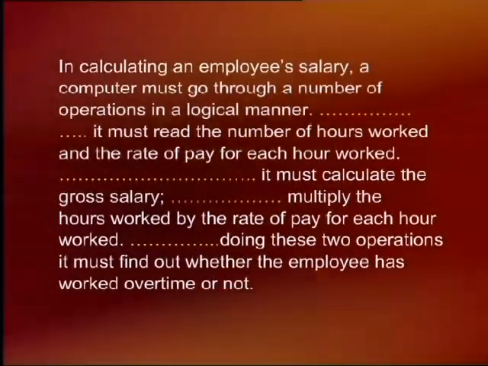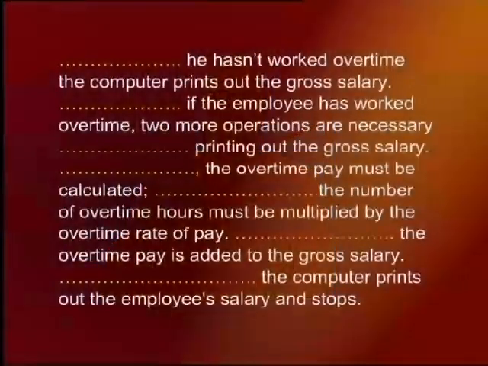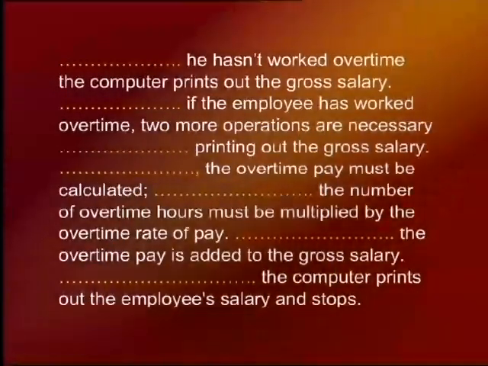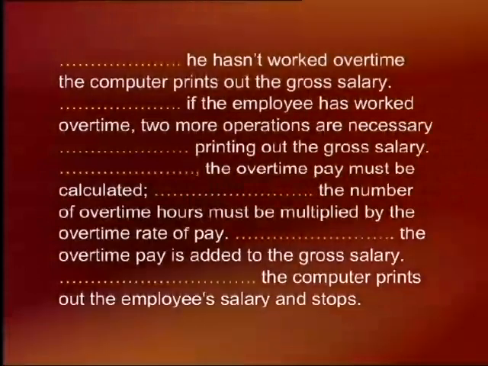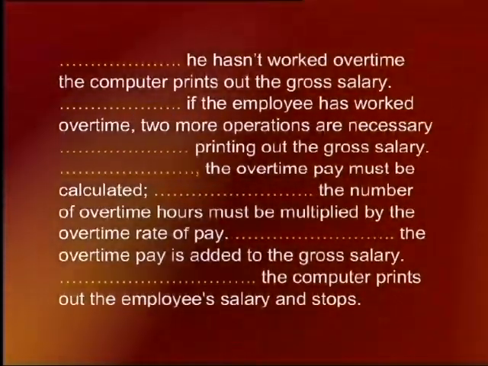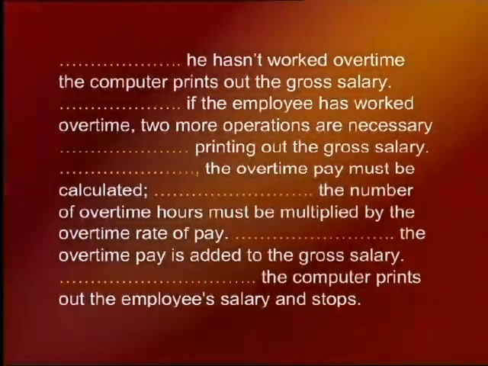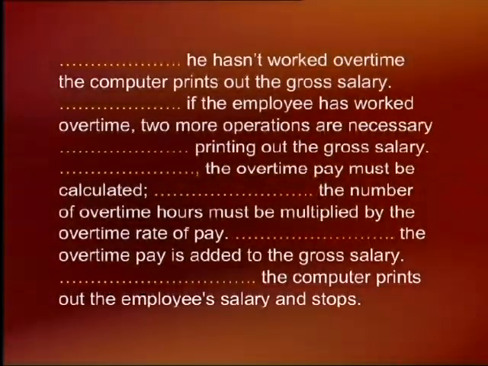Right? Look at the next sentence. Dash, he hasn't worked overtime, the computer prints out the... So it has to be, if he hasn't worked overtime, the computer prints out the gross salary.